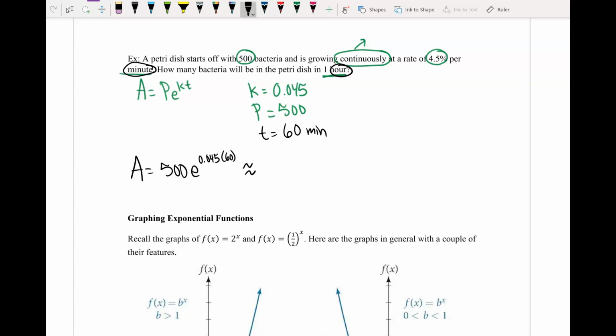This is going to give me about 7,440 bacteria. So I started off with 500, it's continuously growing, and in the end, after 1 hour, this is how many bacteria I will have. Okay, so that's it for that one.